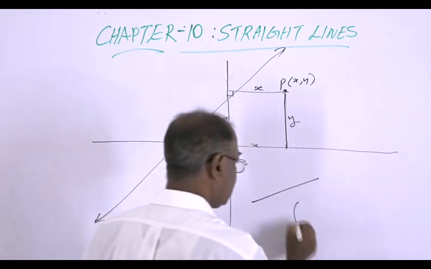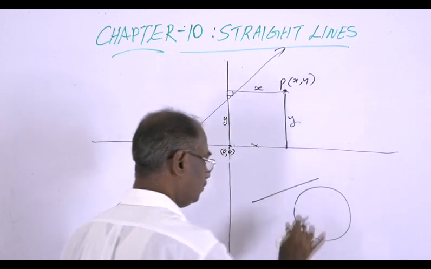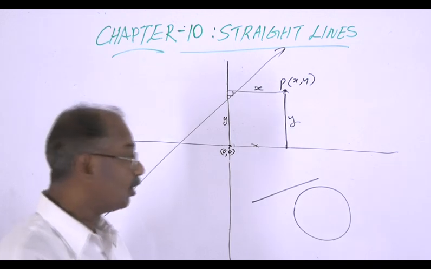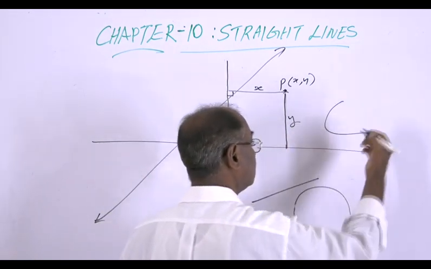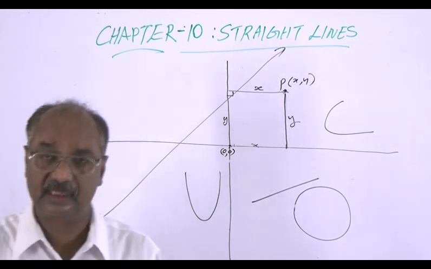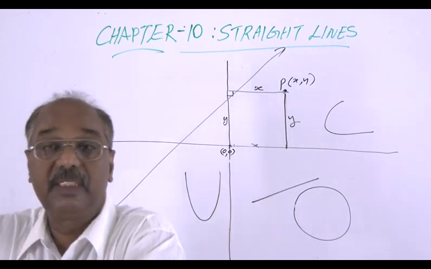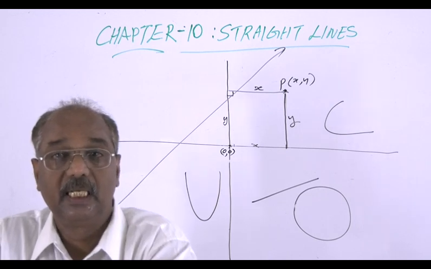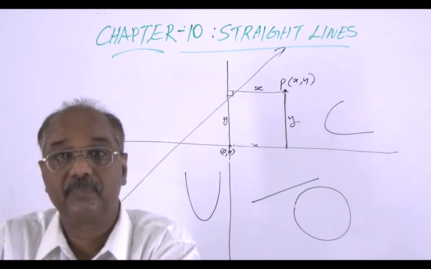We can have a circle in the plane. Or we can have a parabola like this, or like this. We can have an ellipse. Different figures we can have in a given plane.